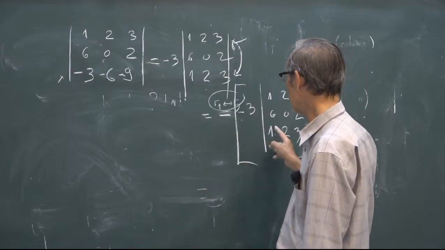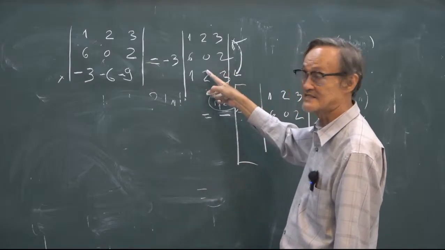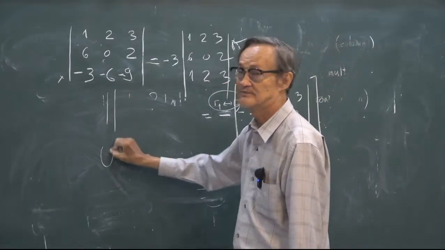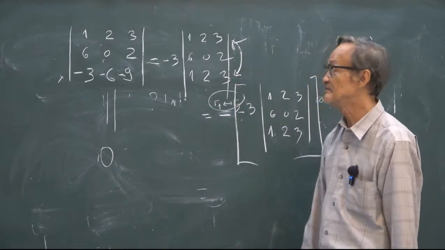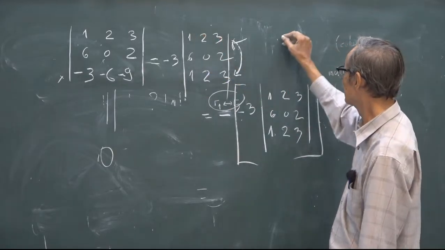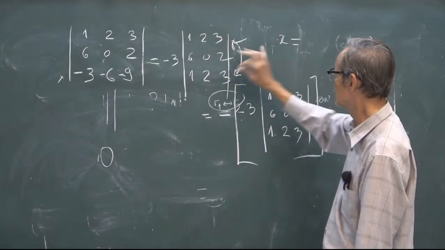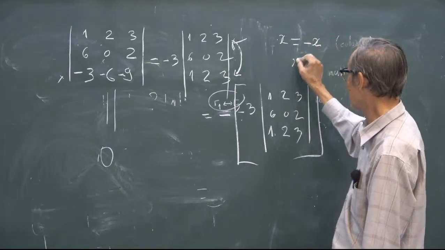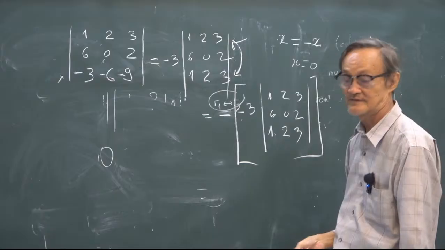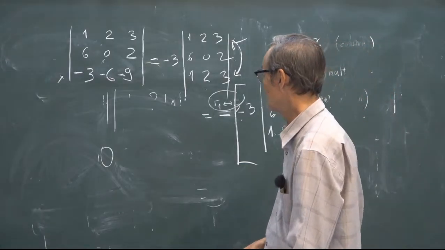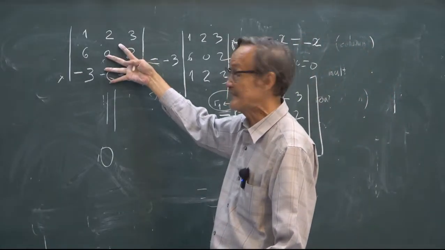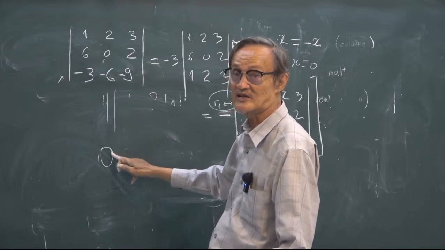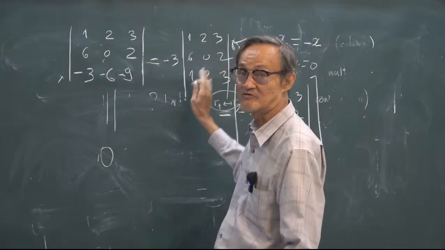But this is the same as this. So it equals minus times 0. Later, if you see this, you can write directly 0. Not wrong.